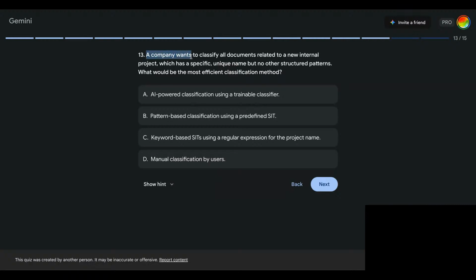So a company wants to classify all documents related to a new internal project which has a specific unique name but no other structured patterns. What would be the most efficient classification method?